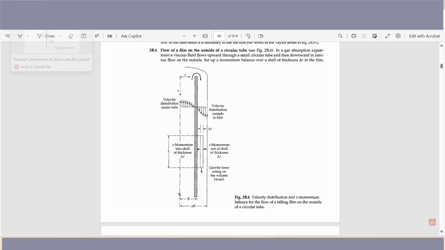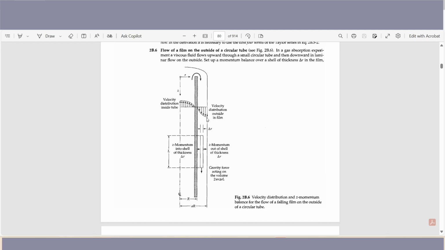And that is because if we look at this drawing again, dvz/dr is the derivative of the velocity profile. So the derivative is the slope of a velocity. Derivative is a slope of a function. So this line here is kind of like a function map of the velocity.